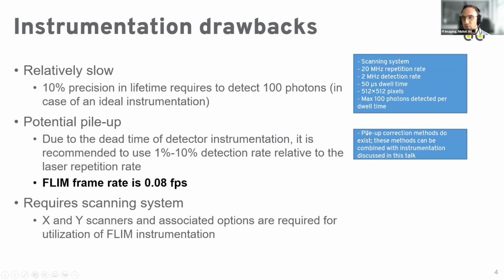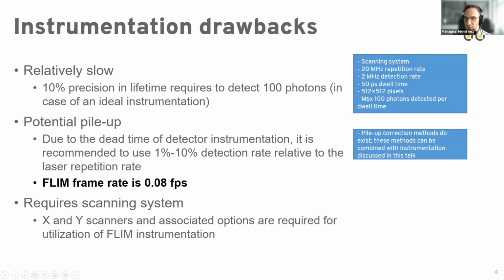So if you would focus on a scenario which is depicted here on the right hand side, where you have a scanning system with a 20 megahertz laser, because of pileup you want to be at 10% of the repetition rate with your detector.